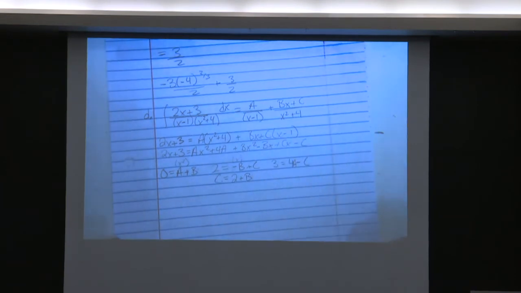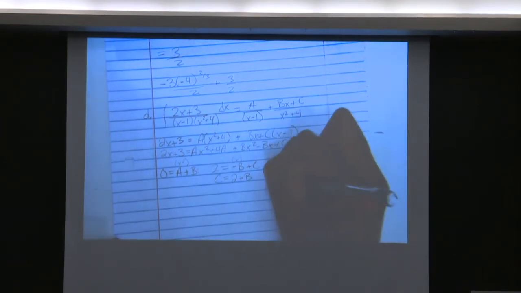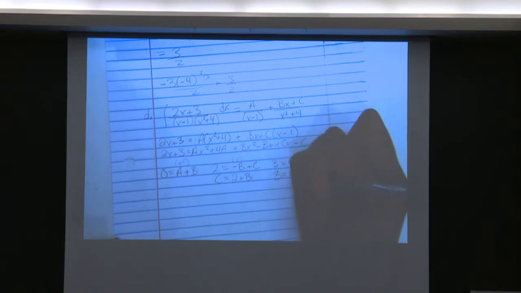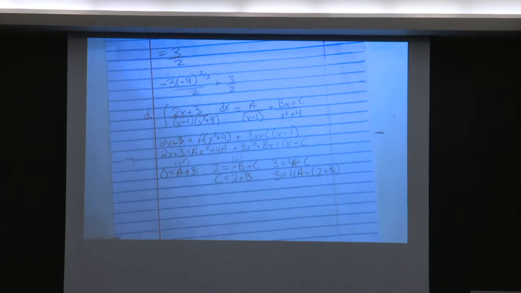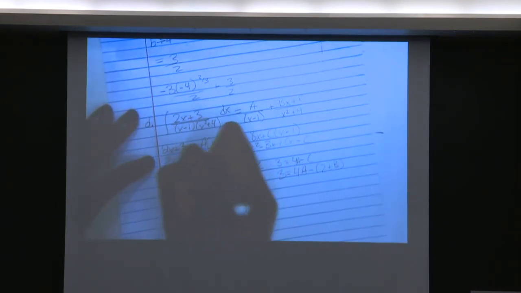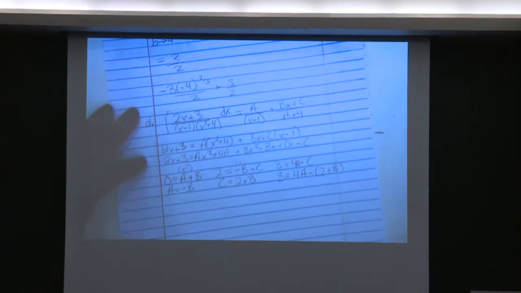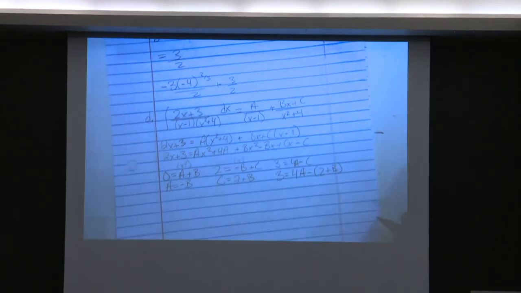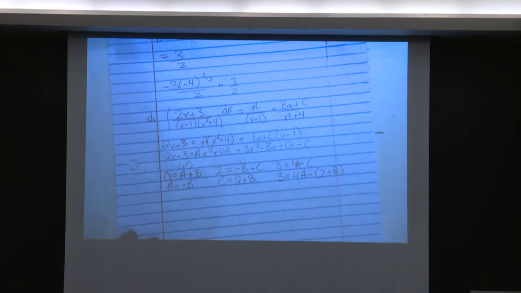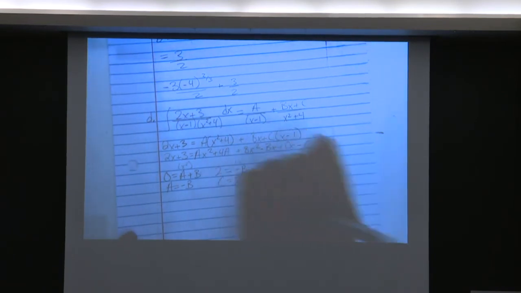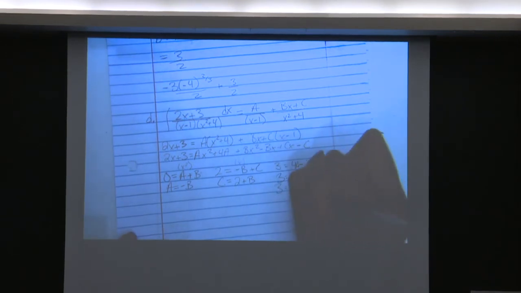And then I'll just go ahead and plug in my c right here. You just start plugging in until you find what you need. Oh, easier way. a equals negative b. Oh, not an easier way. Never mind. 3 equals 4a minus 2 minus b.